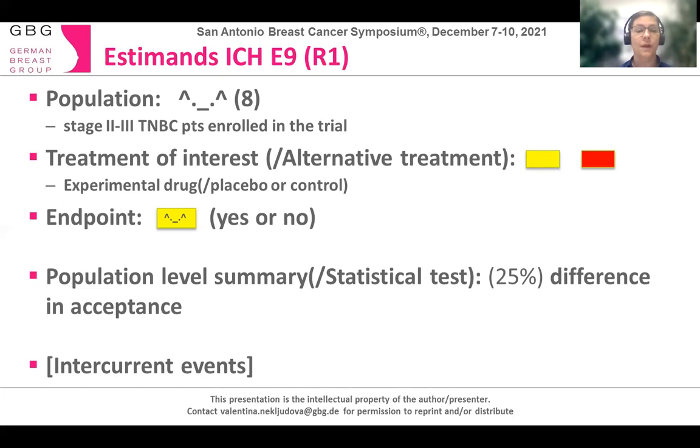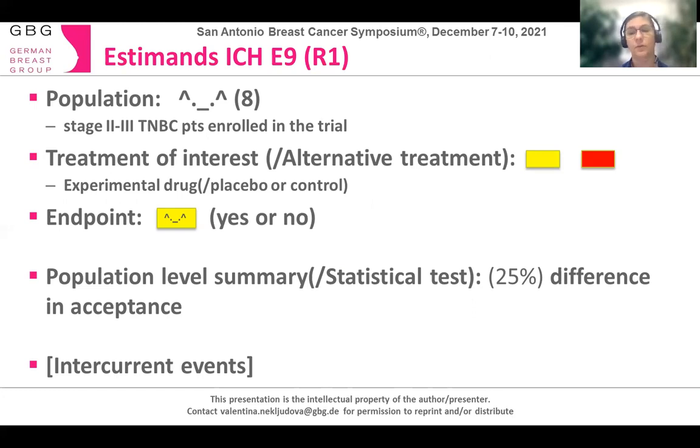The fourth attribute of an estimate is the population level summary. This was difference in box acceptance by color in our cat trial. In real trials, here the statistical analysis takes place. Please note that it doesn't work if the first 3 are not right.